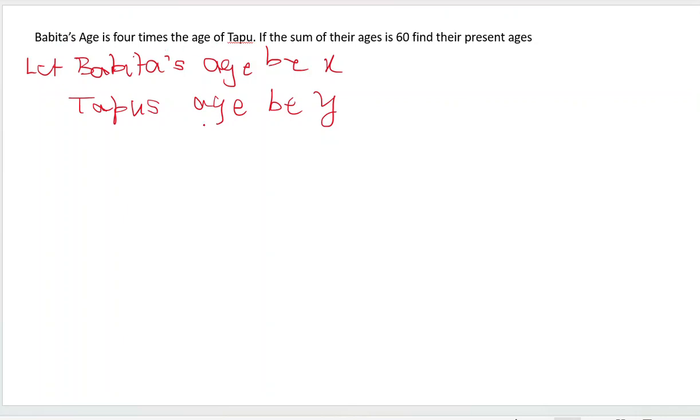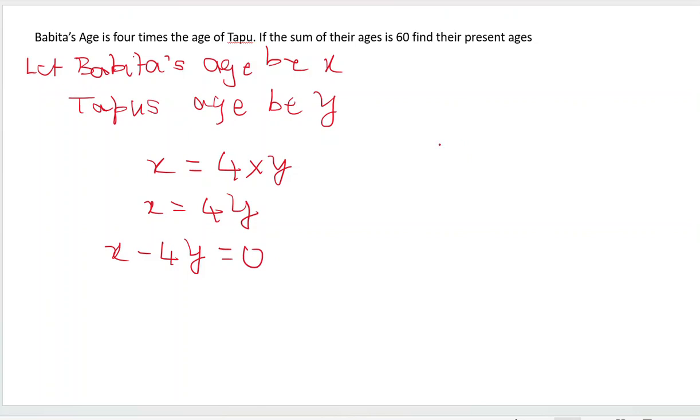Babita's age is 4 times the age of Tappo, so we get X is equal to 4y. This gives us X minus 4y equal to 0, which is equation 1. The sum of the ages is 60, so we get X plus y is equal to 60 as equation 2.